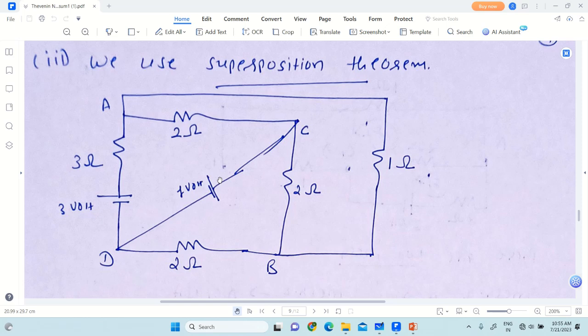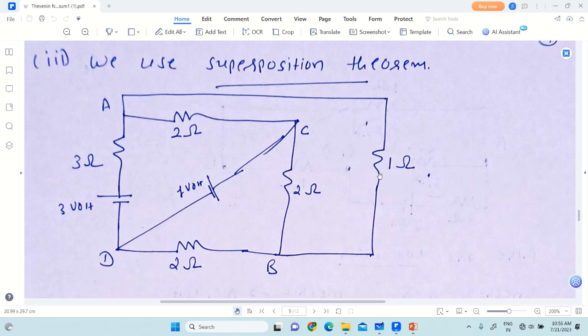In most cases we assume that the internal resistance of the energy source is 0, and if it is a voltage source, then the voltage source is replaced by a short circuit. If there is a current source, then the current source is replaced by an open circuit. So at a time we apply only one energy source and we find the response, meaning current.